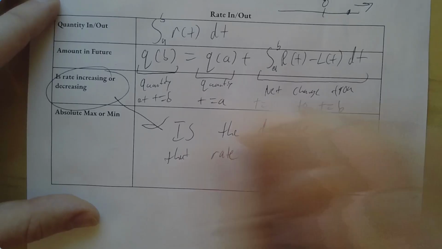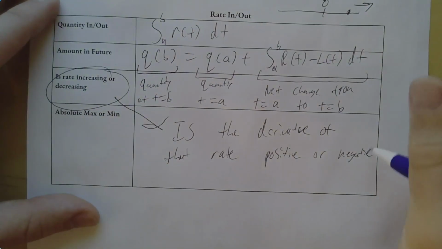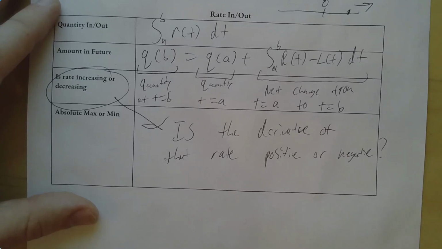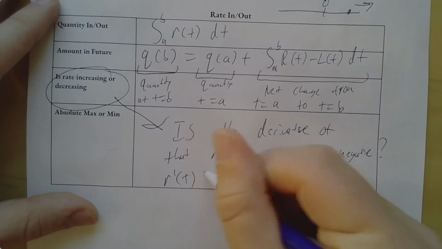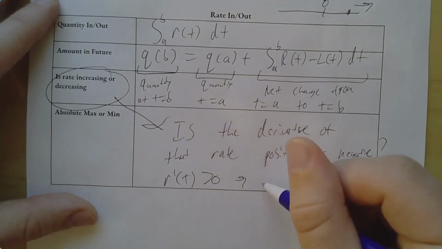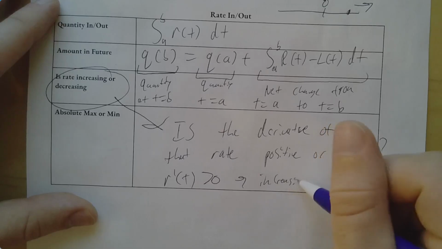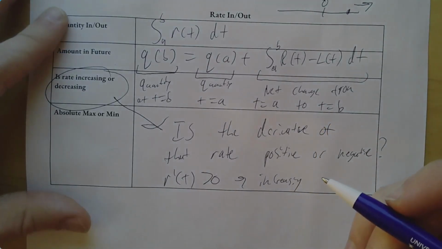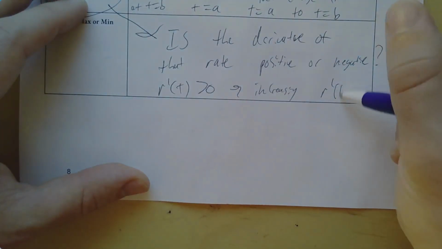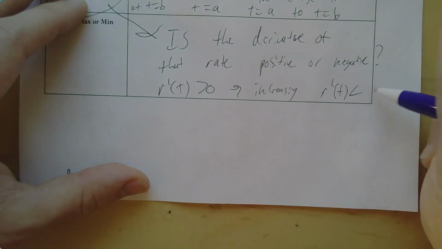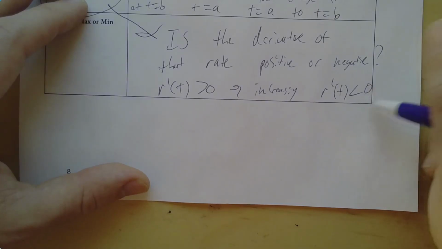If, for example, it was r prime of t and it was positive, the rate is increasing. If r prime of t is negative, it's decreasing. Okay.